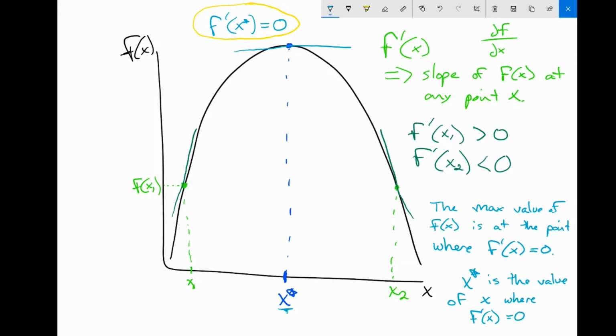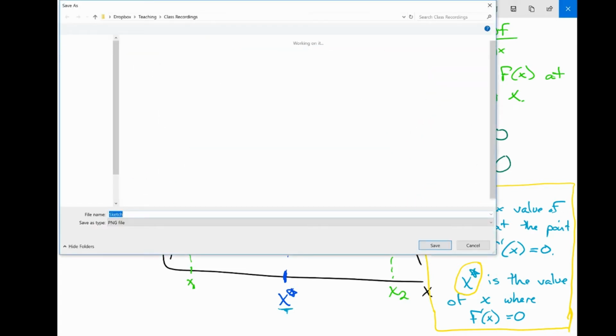This is the critical point that I want to point out. We're going to use this observation to figure out how to find x star, the value of x that maximizes the function. So let's take that insight and formalize it into a set of steps for how we would find the maximum.